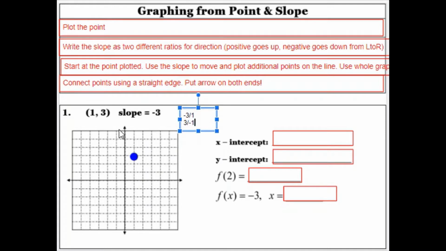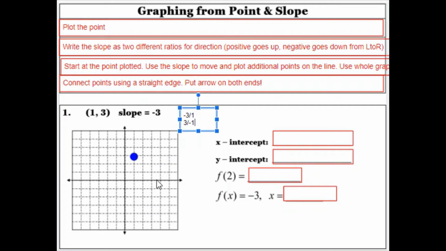If you don't like thinking of it that way, some people don't, the other thing is to just make sure, again, a positive slope is going up and a negative slope goes down. So if I know my slope is negative, I know that the line has to be going down from left to right. So you may just want to say, okay, how should I move to make sure the graph is going down?